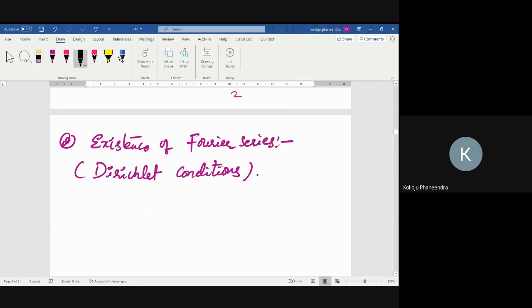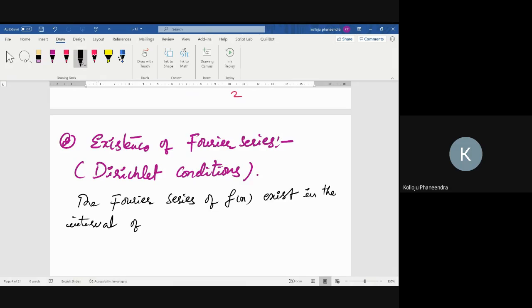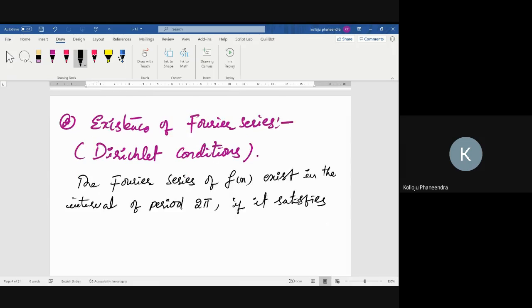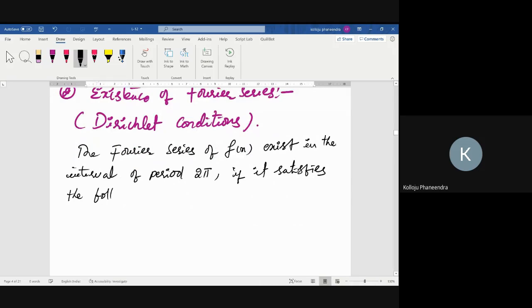First one, you write like this: the Fourier series of f of x exists in the interval of period 2 pi, remember this, if it satisfies the following conditions.